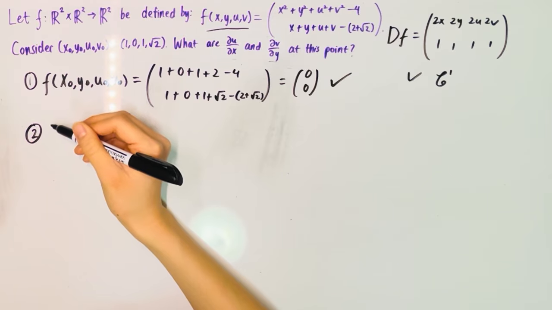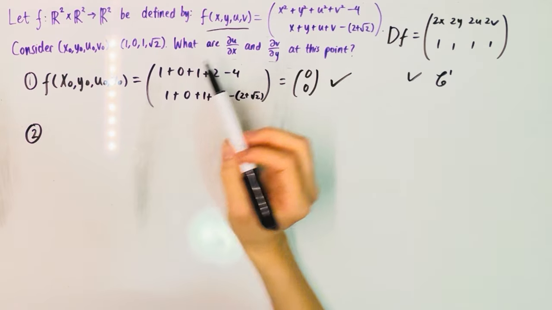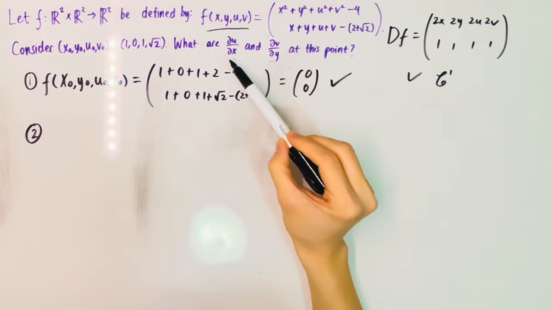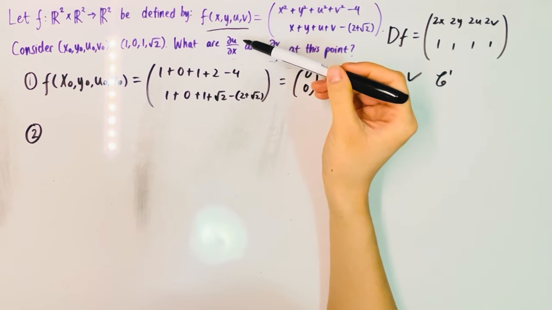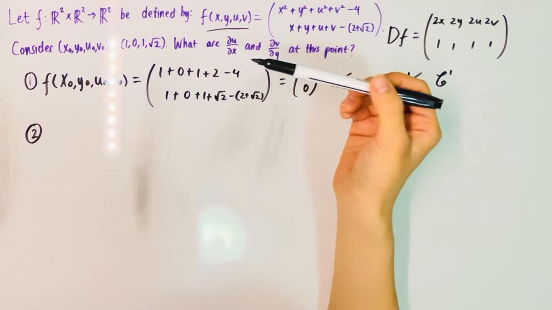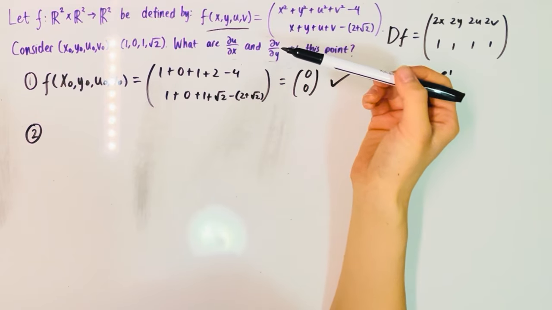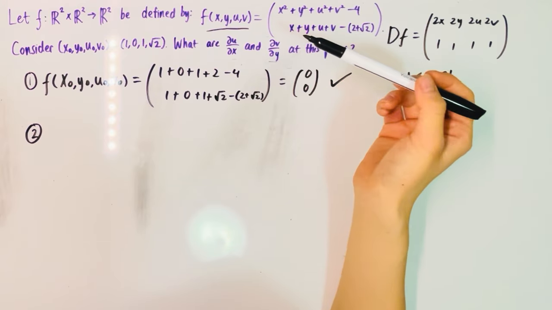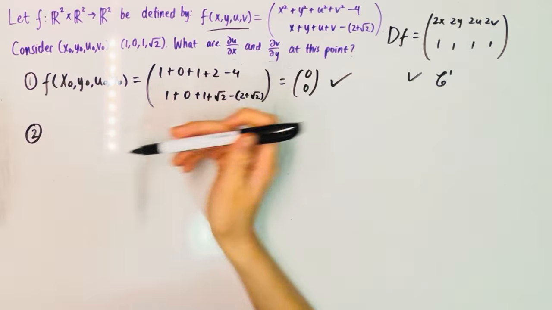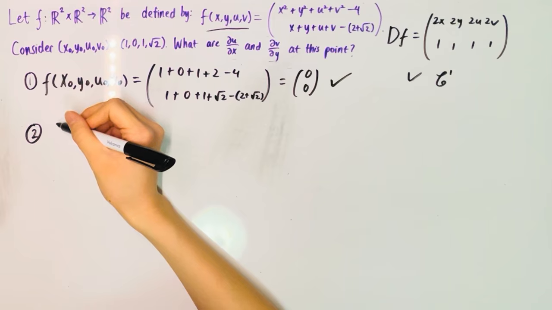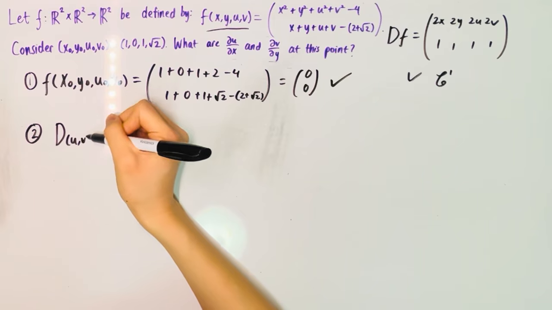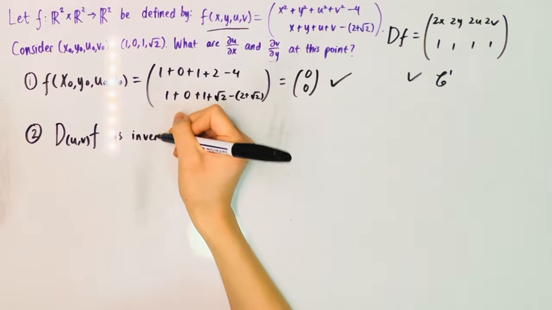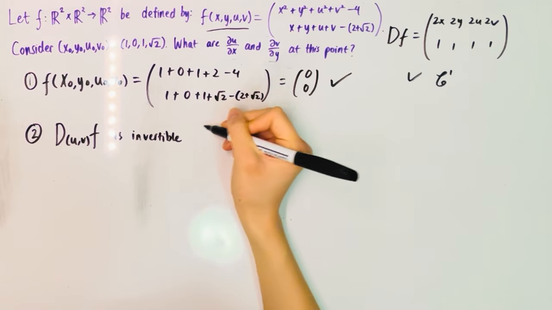Now let's check that it's invertible in terms of the variables we're solving for. We can tell what variables we're solving for by the partials. Because we're trying to find du dx, dv dy, our ultimate end goal will be to solve for u and v in terms of x and y. In order to do this, we just have to check that d_(u,v) f is invertible. What does this mean?